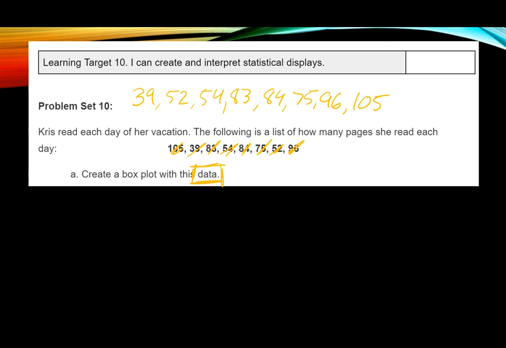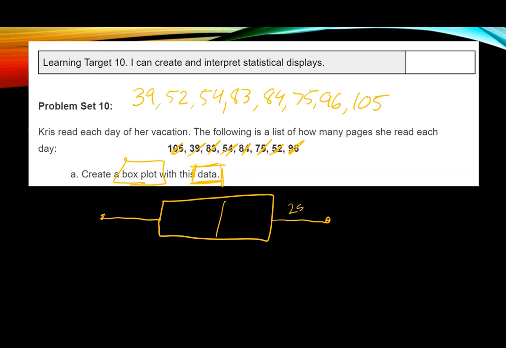So now we want to create a box plot. Now, a box plot is that thing where we have our data split into fourths, right? We have 25% here, 25% here, 25% here, and 25% here.